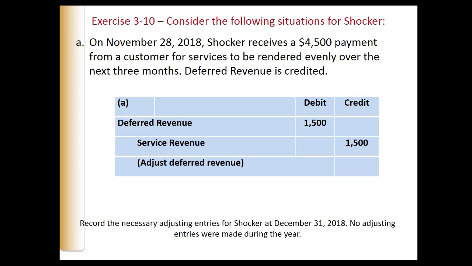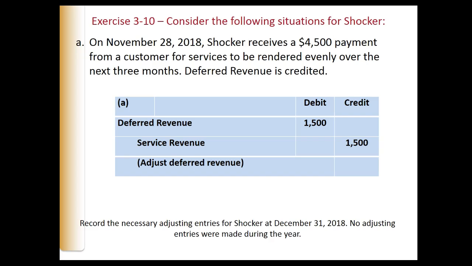So here's the first one. On November 28th, 2018, Shocker receives a $4,500 payment from a customer for services to be rendered evenly over the next 3 months.